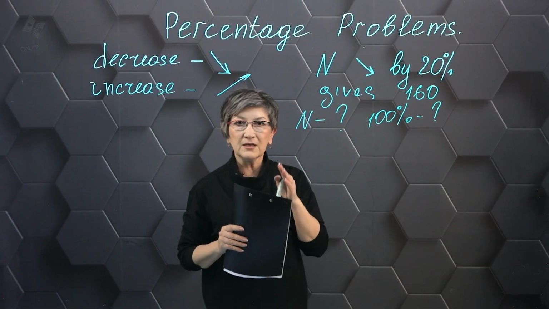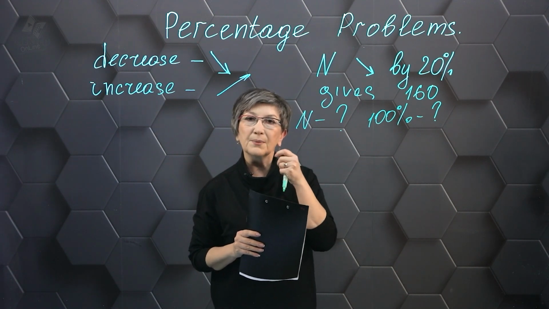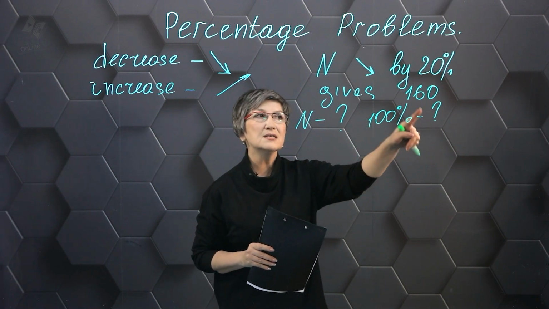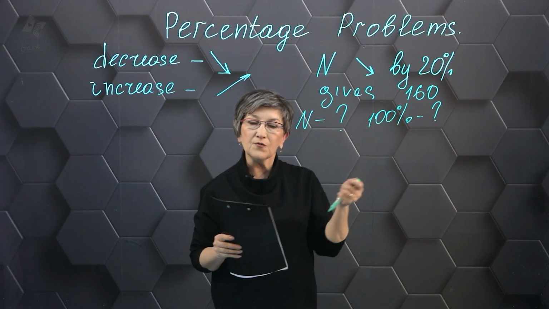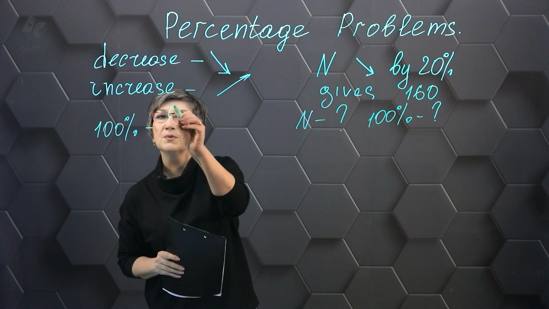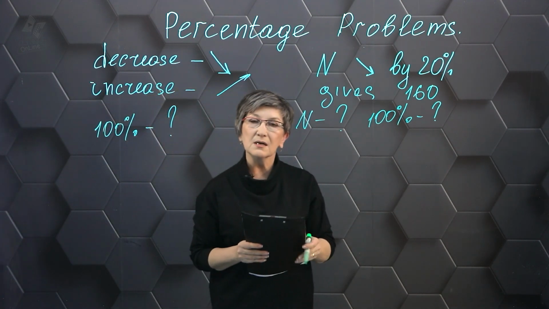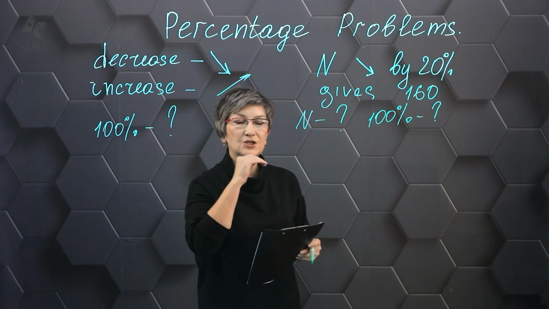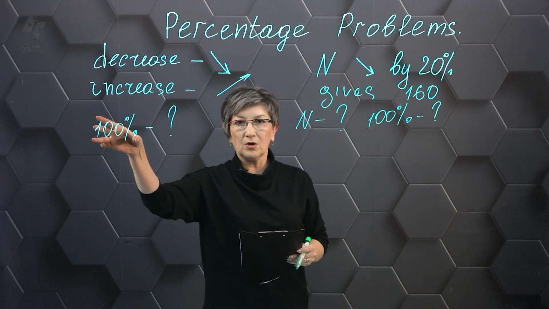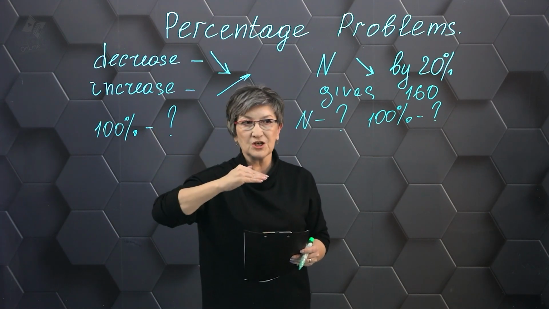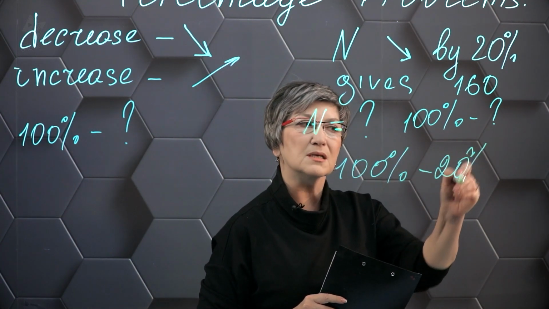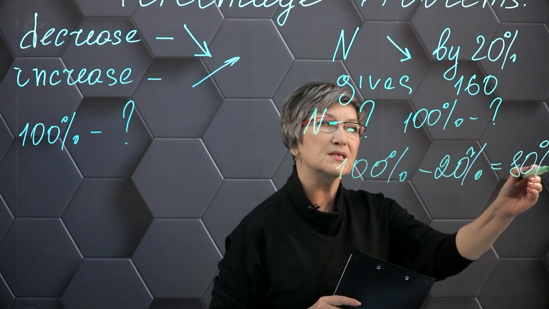That is, in this case, it's convenient to use proportion, that is writing, when we write percentages under percentages. So if I need to know a number, the whole number, then I write that 100% is unknown to me. And now, reasoning. When this number was reduced by 20%, that is, there was this number 100%, it was reduced by 20, that is 100% minus 20%, that's 80%.